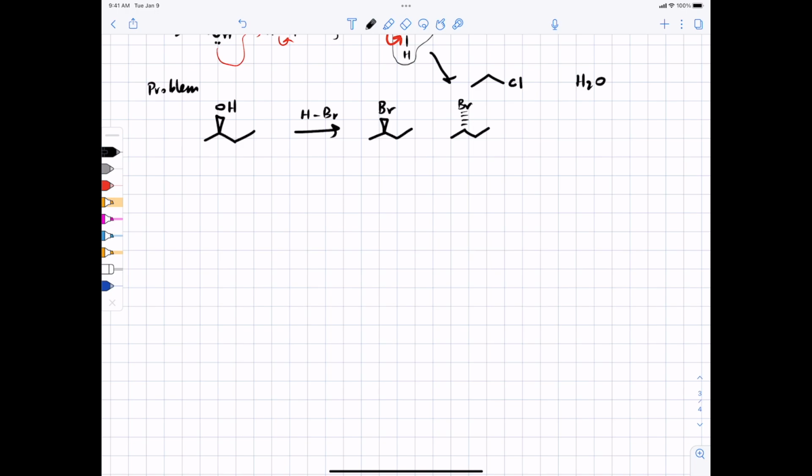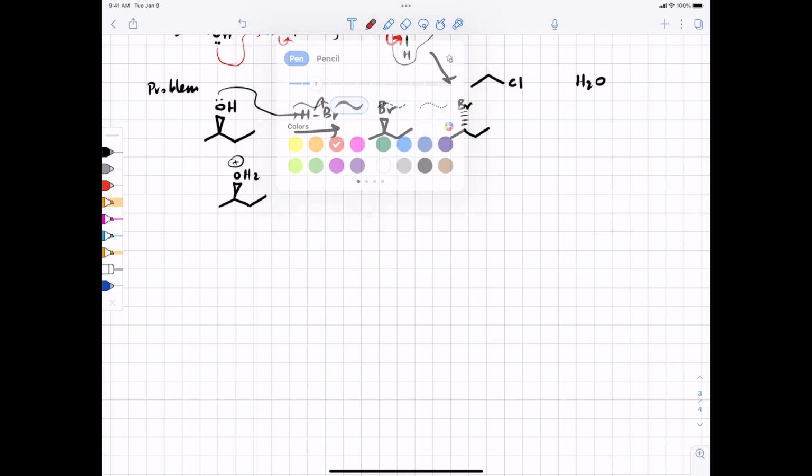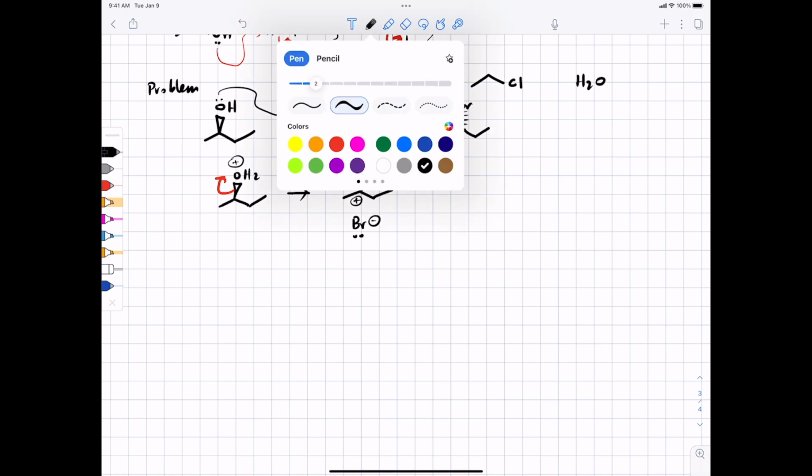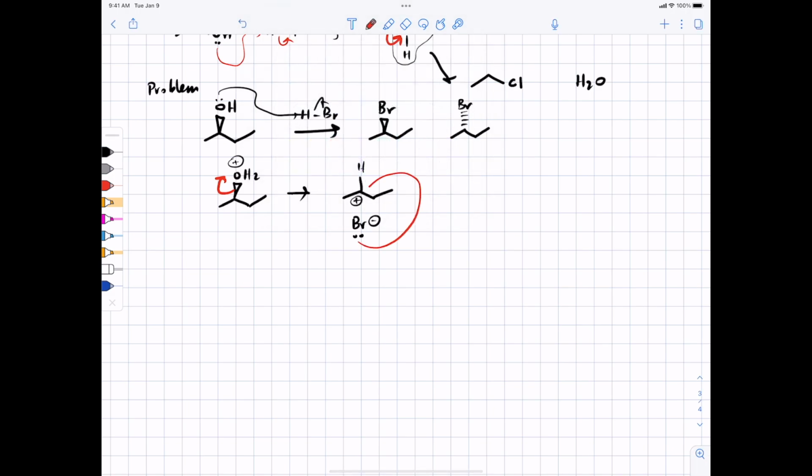No. In fact, what likely happens is you protonate the OH group, turn it into a good leaving group. It's good enough to leave on its own. So the evidence is that it does, and you get a planar carbocationic intermediate which your nucleophile can attack from either above or below to give you these products.